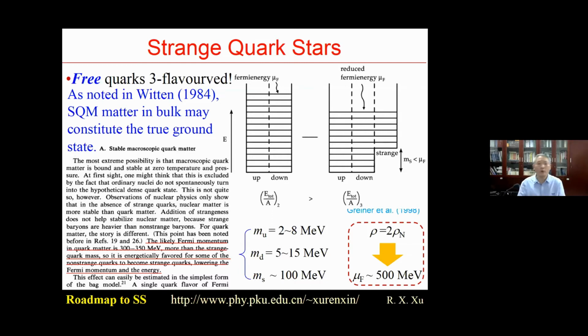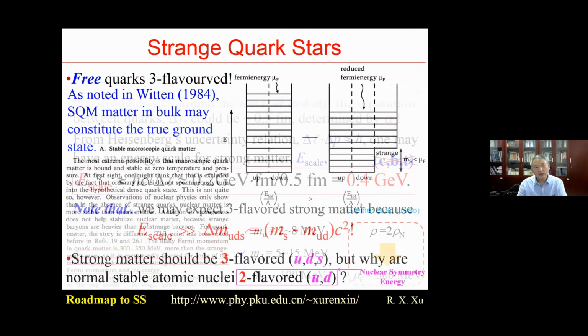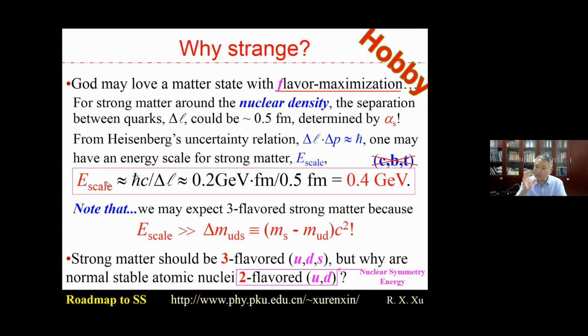So for the free quark case, you suppose the interaction between quarks could be weak, decoupling, so that the quarks could be in a free state, free quarks. But this could be very questionable, because as I told you, the typical energy scale is around 0.5 GeV. I think most of you know.